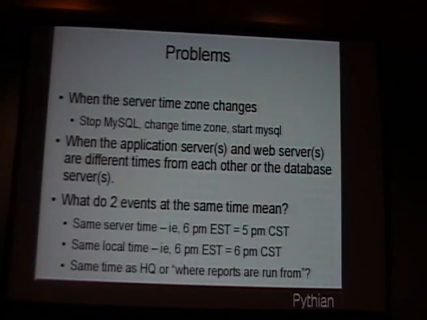It might just be easier to say the system admins live in Pacific time, so those reports are going to be in Pacific time, because that's important. But financial reports, like how much money is in the bank, how many sales did we make, might want to be run at the same time as headquarters, because headquarters cares how much did we make yesterday. When they do the taxes, they'll probably end up doing it in that.